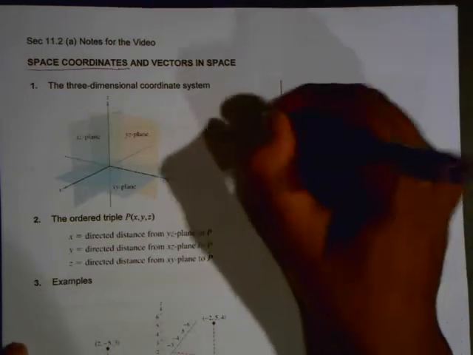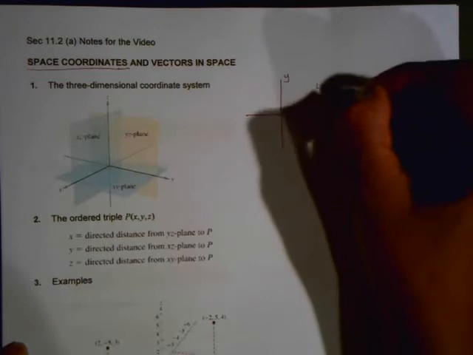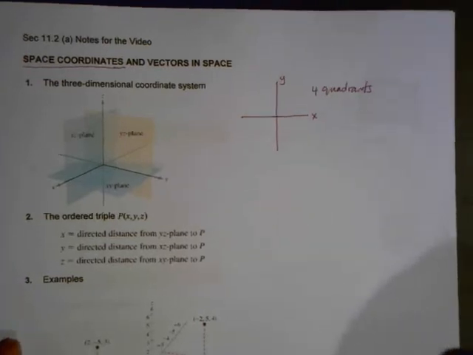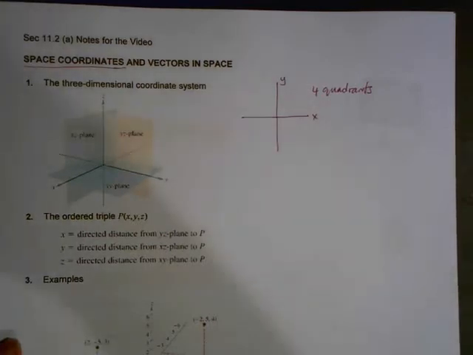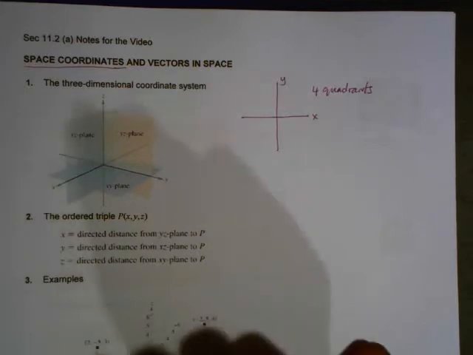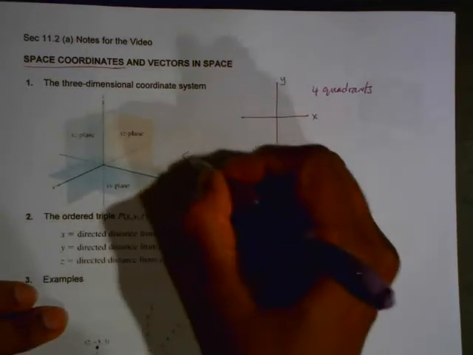So unlike 2 dimensions where you just have the x-axis and the y-axis and 4 quadrants, in the 3-dimensional coordinate system you have the x, the y, and the z-axes, and you notice that it's going to divide the space into 8 octants.